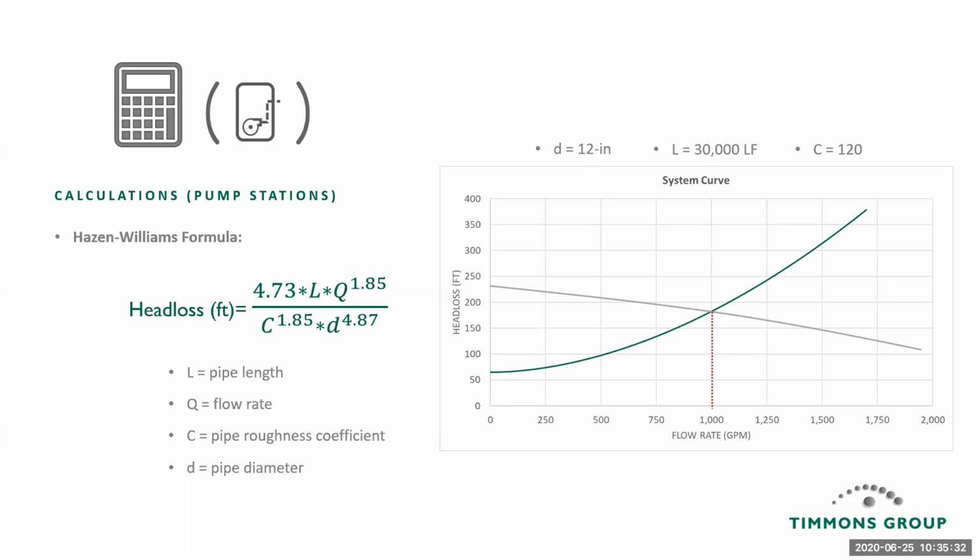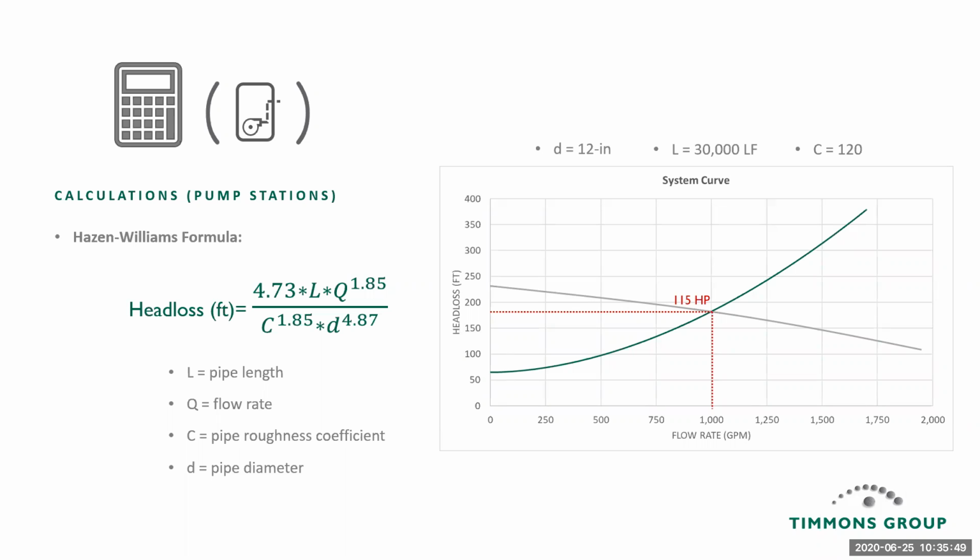So in this case, that pump will move about 1,000 gallons per minute against roughly maybe 180 feet of head loss. And from other equations, we can determine that that will likely require roughly a 115 horsepower motor.